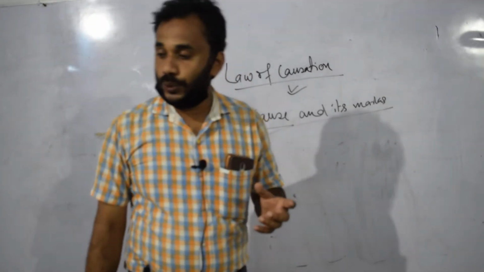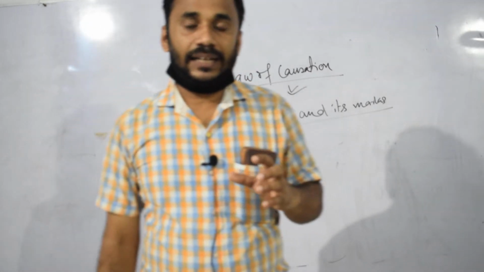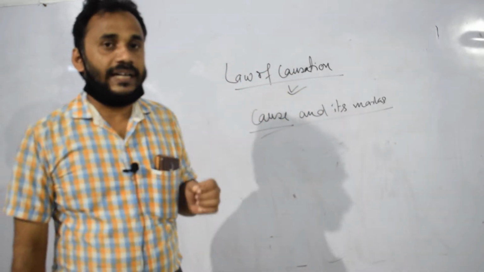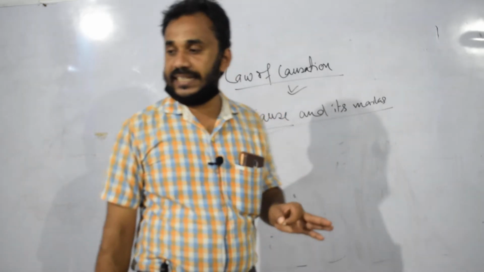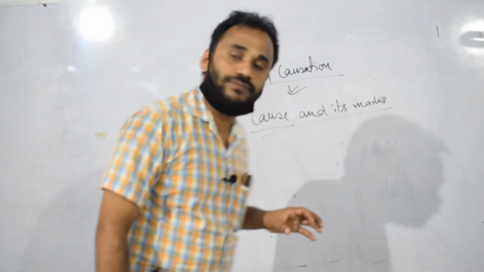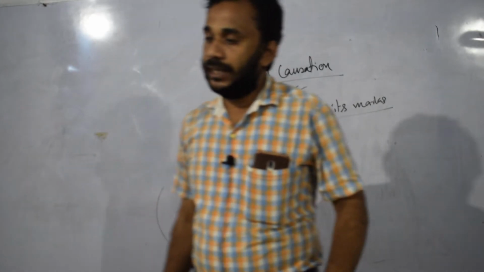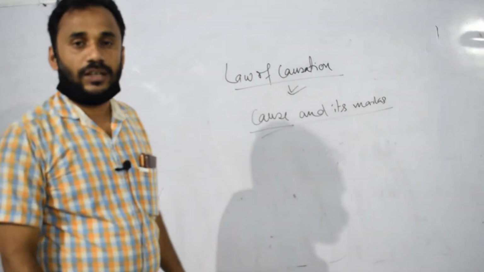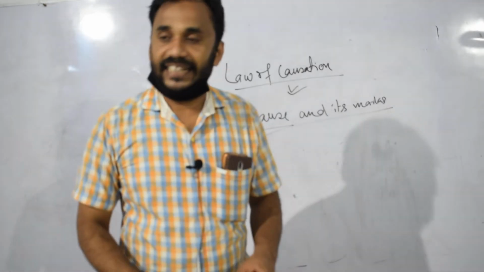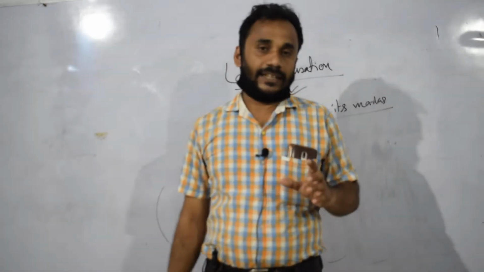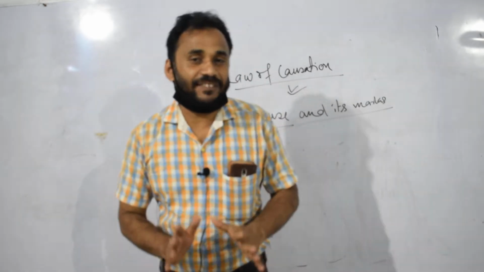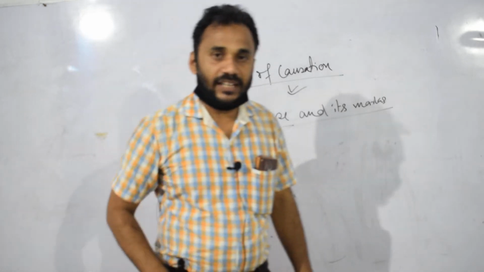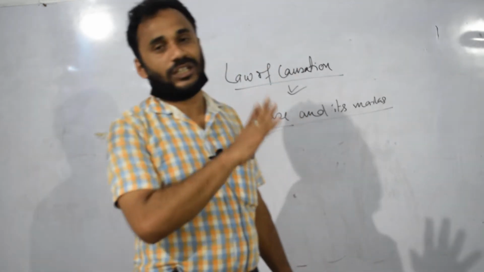And according to J.S. Mill, the second definition is: a cause is the sum total of the conditions, positive and negative together. That means Mill has given two definitions regarding cause.